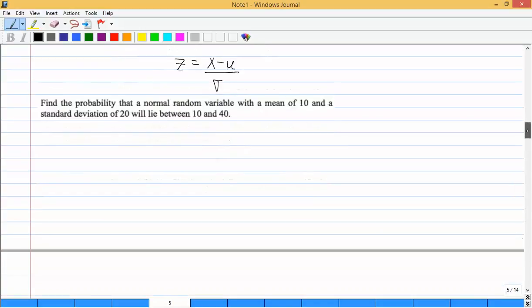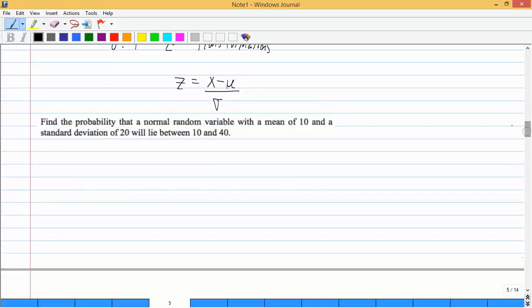So we're going to find the probability that a normal random variable with a mean of 10 and a standard deviation of 20 will lie between 10 and 40. Okay? So these values here, the 10 and the 40, those are x values. All right? Our mean is equal to 10 and our standard deviation is equal to 20.